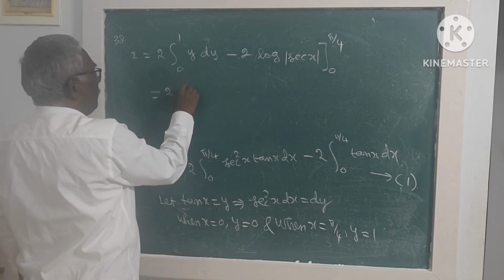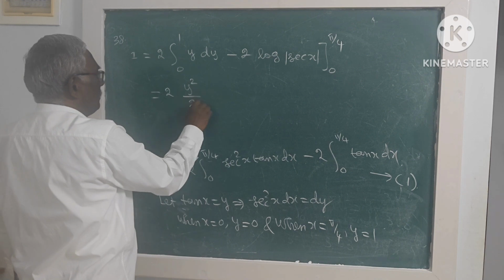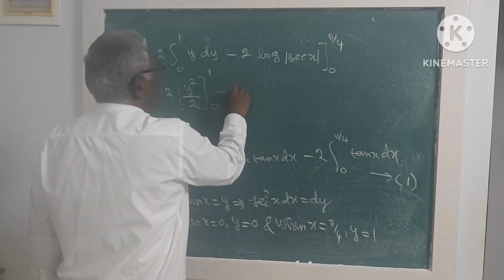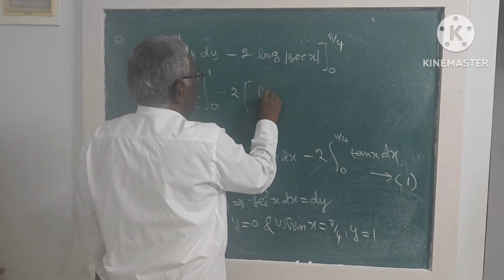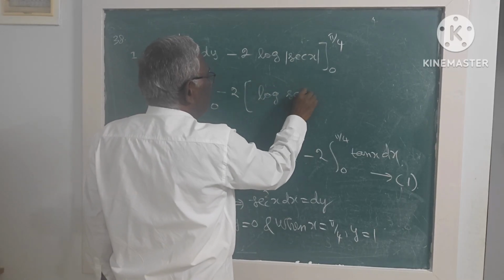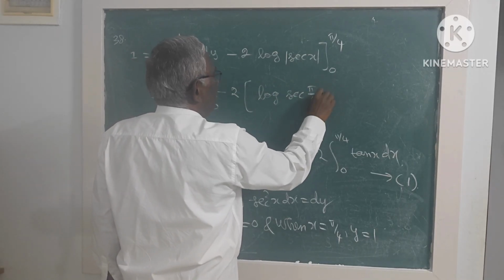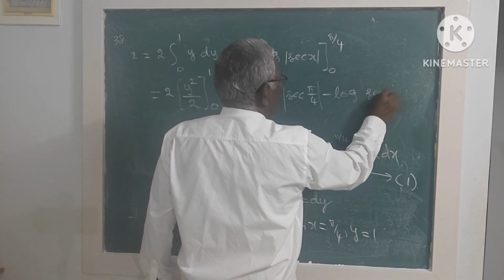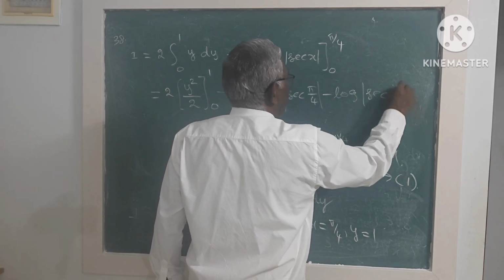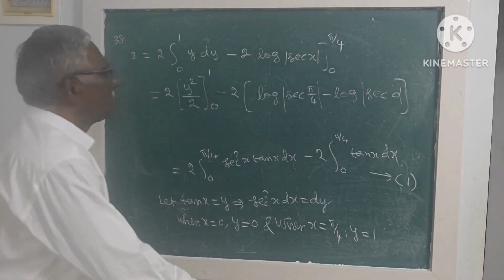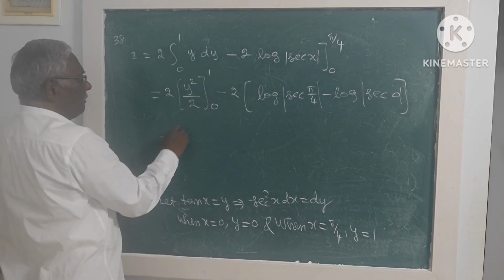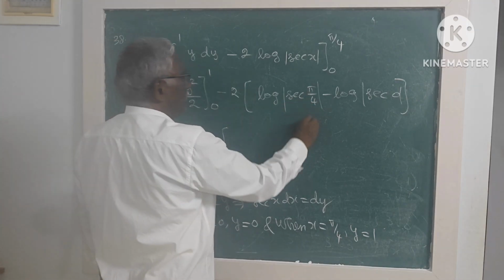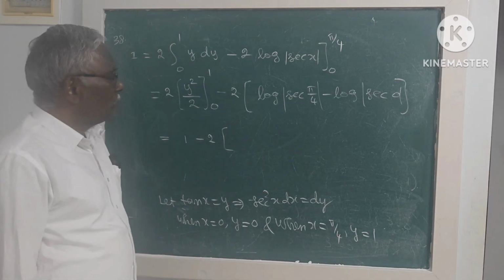So we get y square by 2 from 0 to 1, minus log of secant pi by 4 minus log of secant 0. We get 1 by 2 minus.